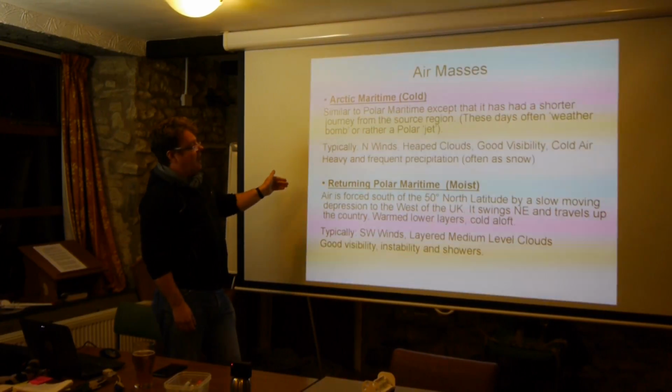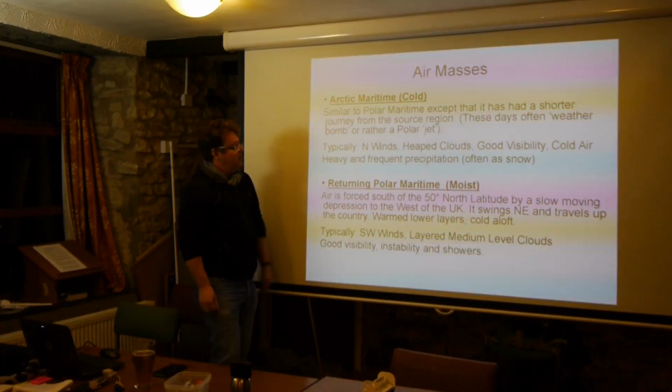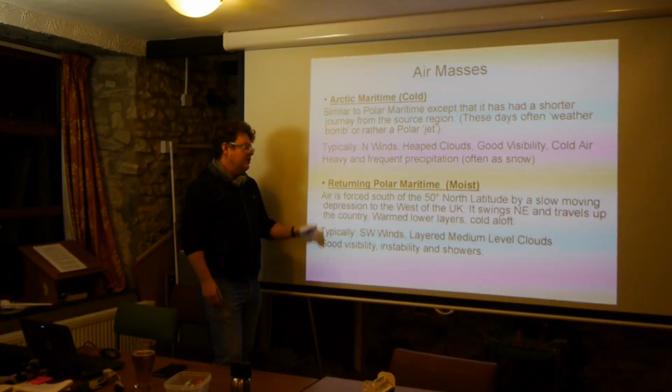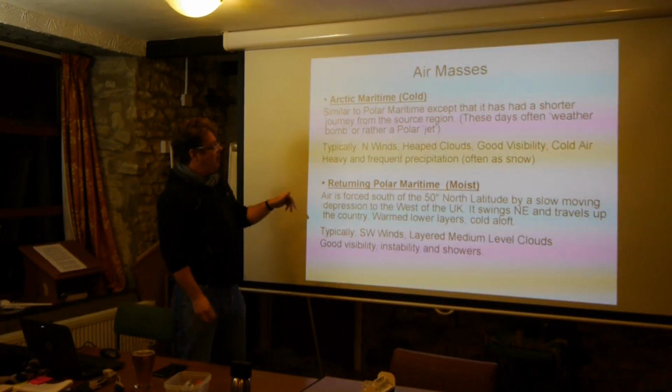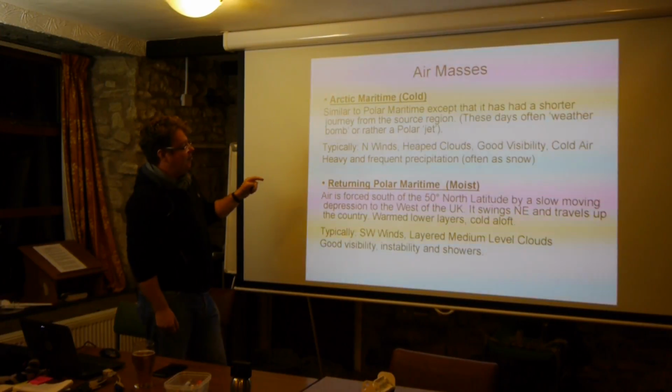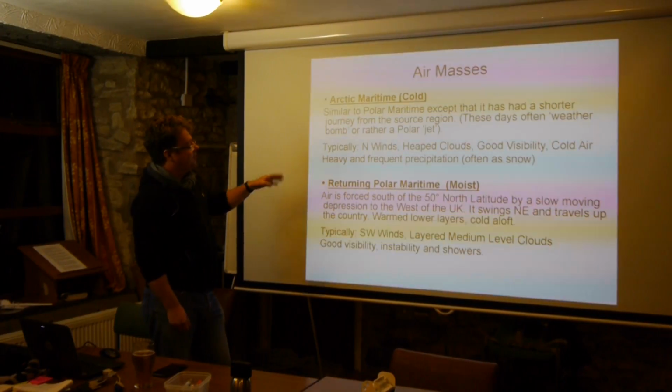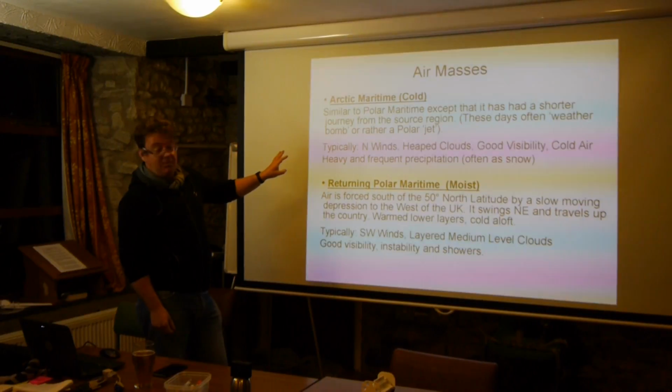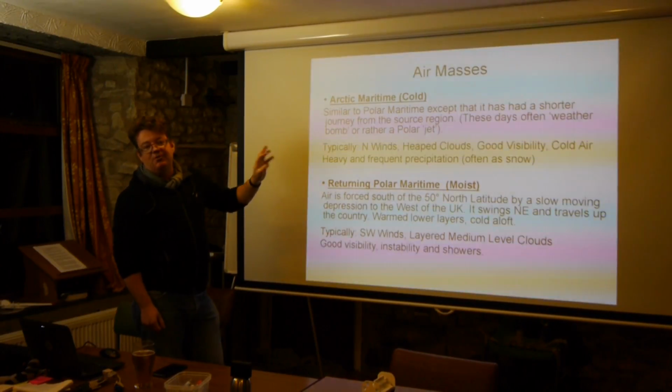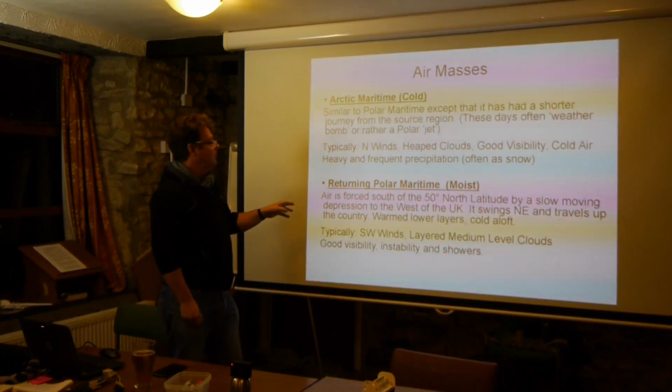And then the oddball case that I didn't describe when I was looking at the diagram in full detail is returning polar maritime. And this is basically similar to the polar maritime case, except for the fact that the air's been on a bit of a detour first of all.